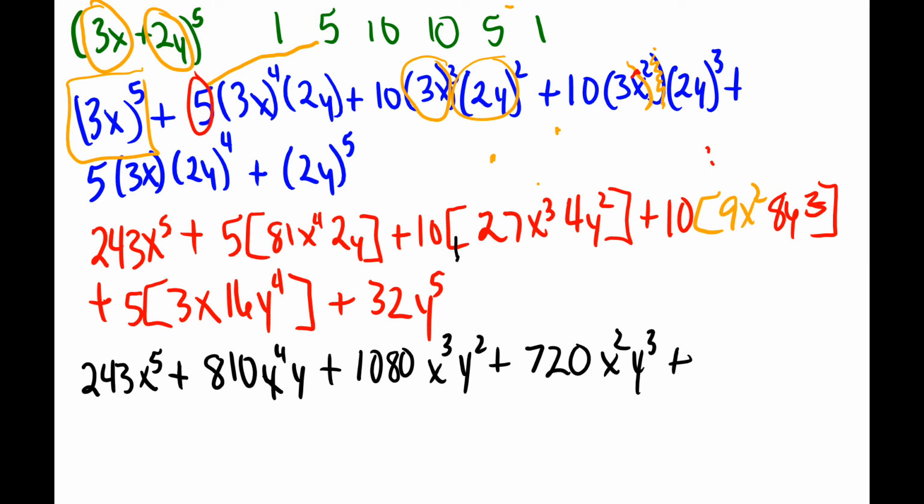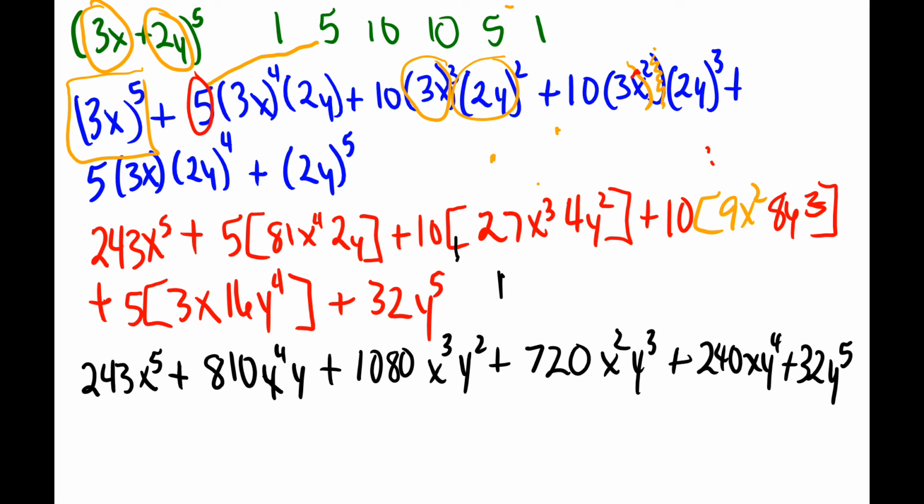now I got 5 times 3 times 16. 3 times 16 is 48, times 5 is going to be 240 x y to the fourth, and then lastly plus 32 y to the fifth.